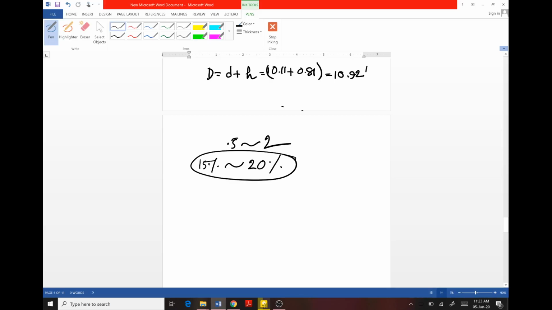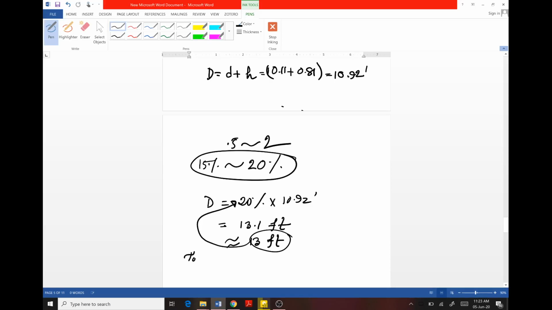So let's take what we have already determined, 10.92 feet, and increase it by 20%. You can take any value from 15 to 20%. So that sums up to 13.1 feet. You can round it to 13 feet since you have increased it by 20%.